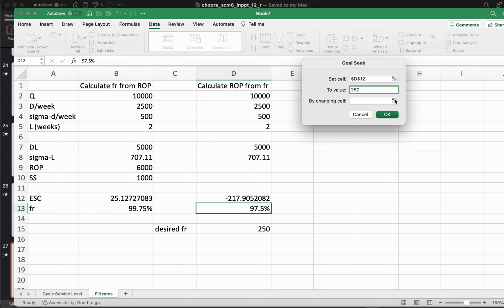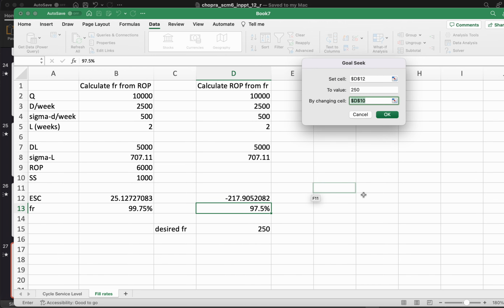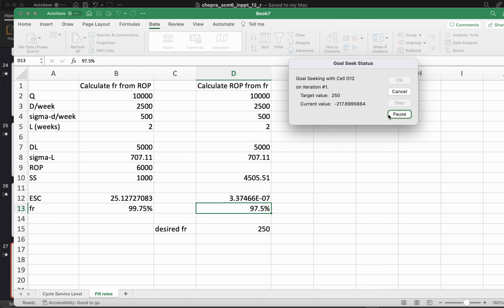And we want to do this by changing the value in the cell of safety stock. So we want to try different values of safety stock to see how we can set the value of expected shortage to 250, right? Because it's only a single variable, it'll try different values and figure it out for us.